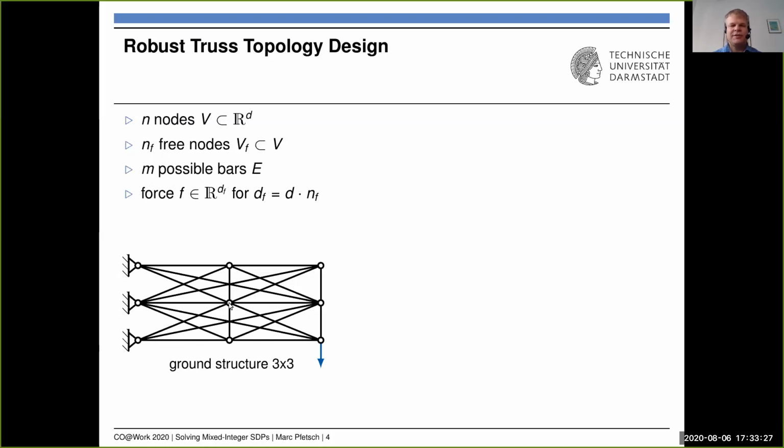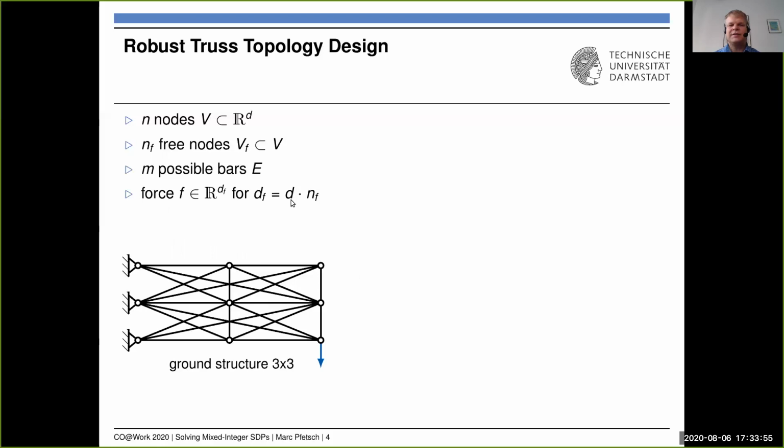These vertices or nodes are connected by bars that are stiff, and the black arcs that you see here are the possible arcs, and the goal is to select some of them and their thicknesses. We should select them in such a way that a certain force F, which is a vector, applies to each of the free nodes.